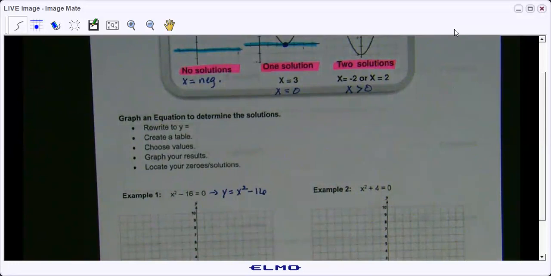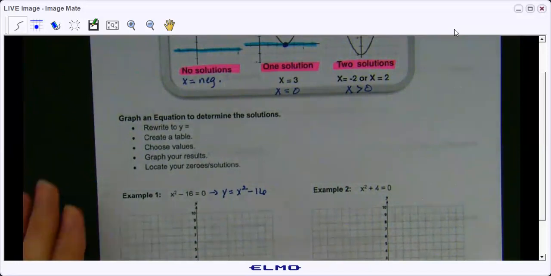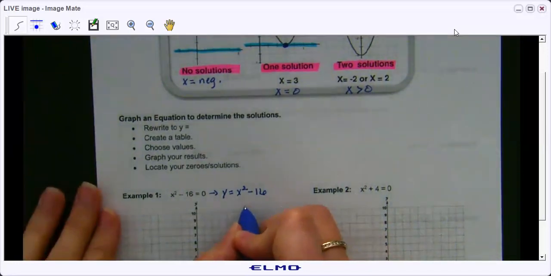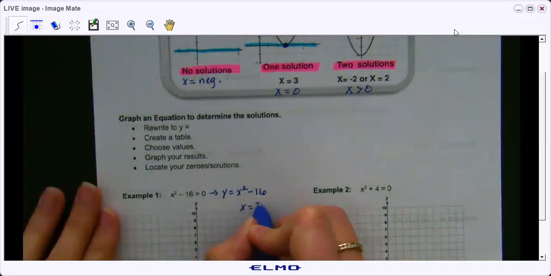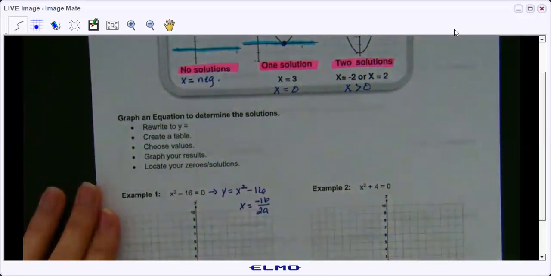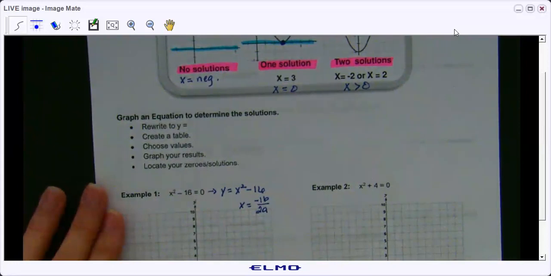Does anyone remember how to find the vertex? Because we need to create a table and choose some values, but the first values we want are the vertex. First you gotta put -b over 2a, but we don't have a b, so it would be 0. And then you gotta plug in the 0 into the equation. Yes, exactly.